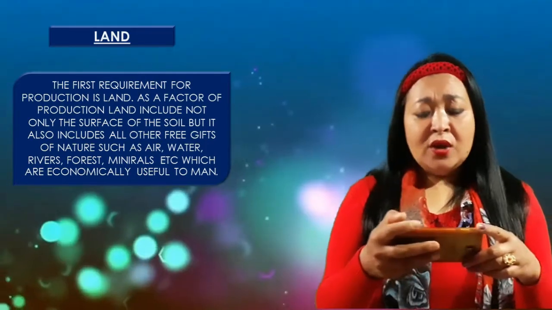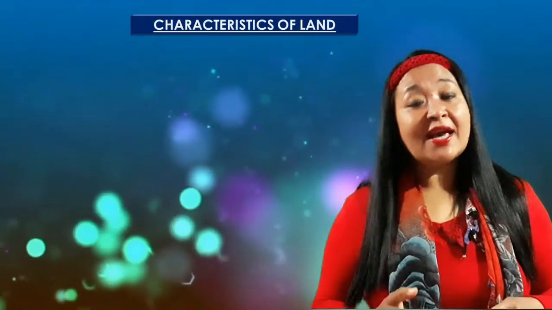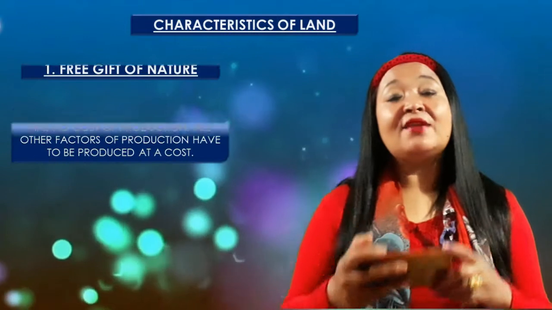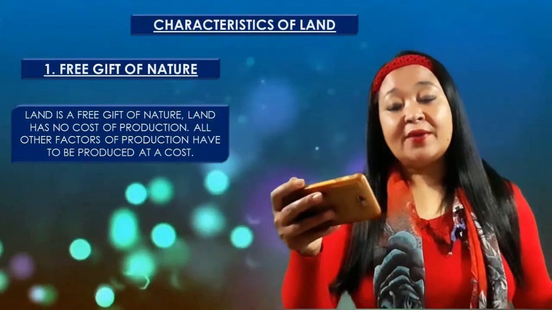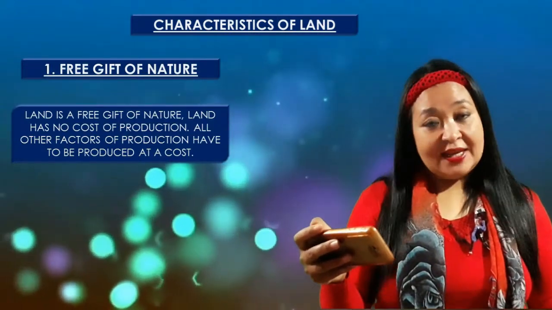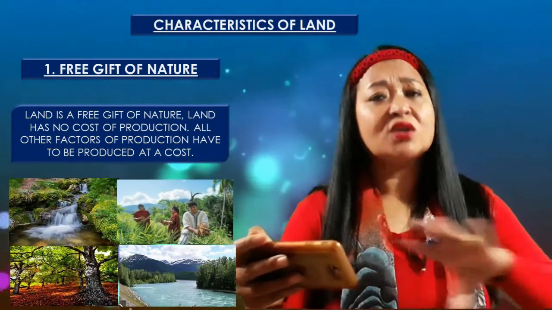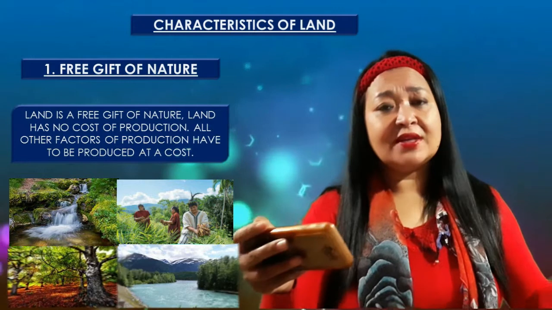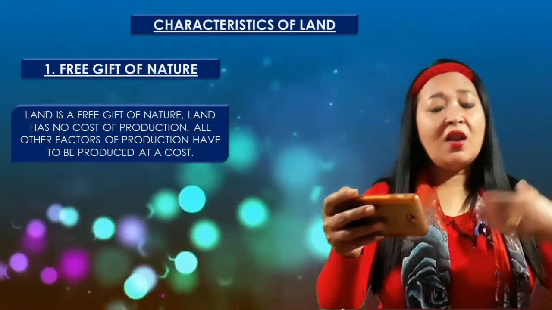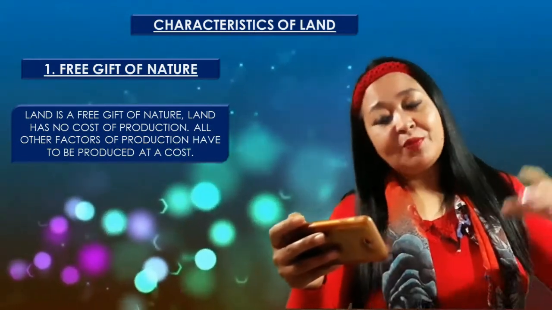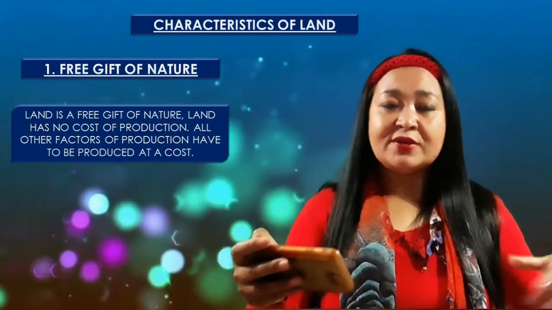So now let us see the characteristics of land in detail. First of all, the first characteristic of land is that it is a free gift of nature. Land has no cost of production. You understood? Therefore, all other factors of production have to be produced at a cost.